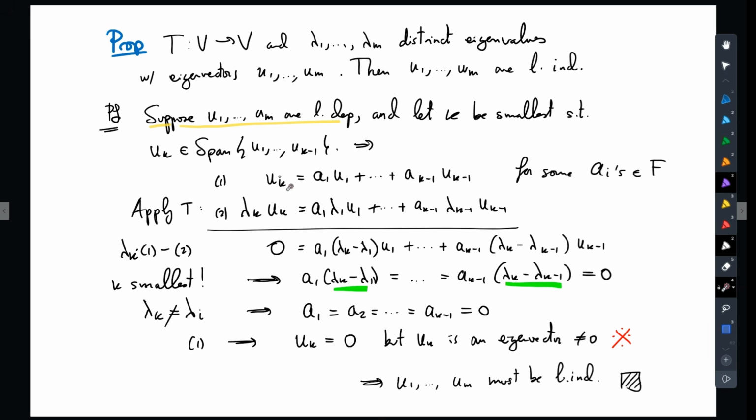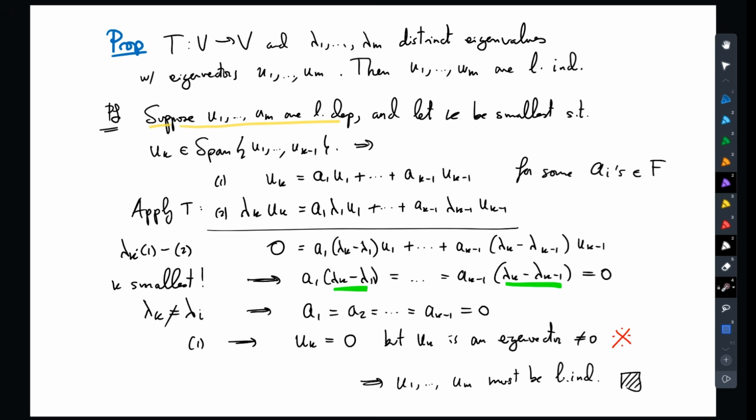Now, if I multiply line 1 by lambda k and subtract line 2, then here I'm going to get 0. And over here, I'm going to get an expression of this form, where the coefficients now are ai times (lambda k minus lambda i). Now, k was smallest such that uk is in the span of u1 through uk minus 1.